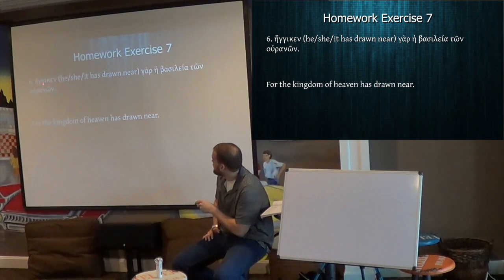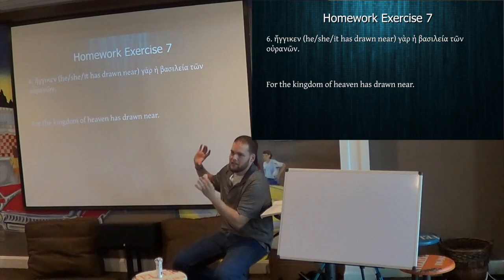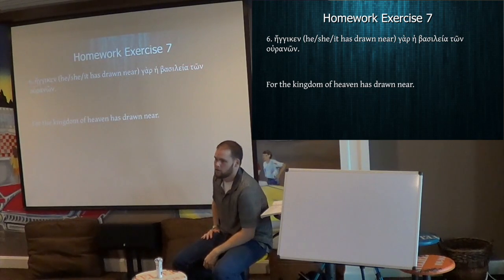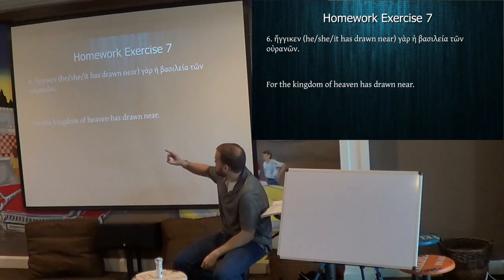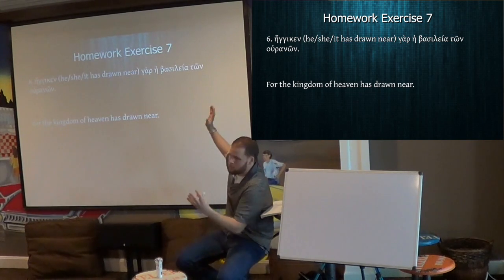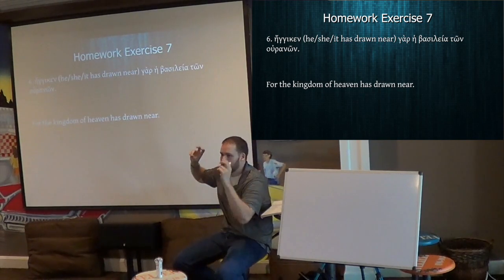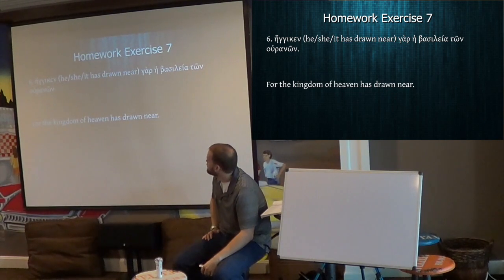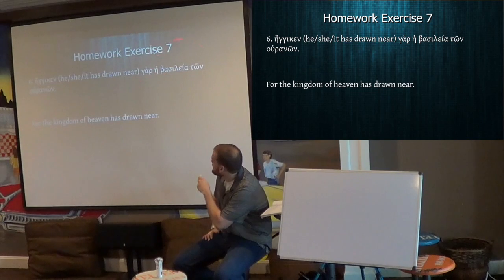So if this sentence said everything the same except that was changed to tein basileian, it would say he has drawn near to the kingdom of heaven. We'd supply ourselves, because this is the object.